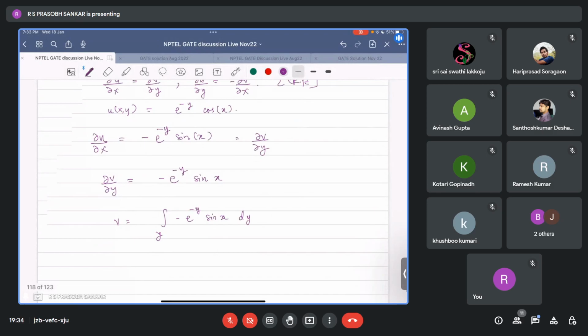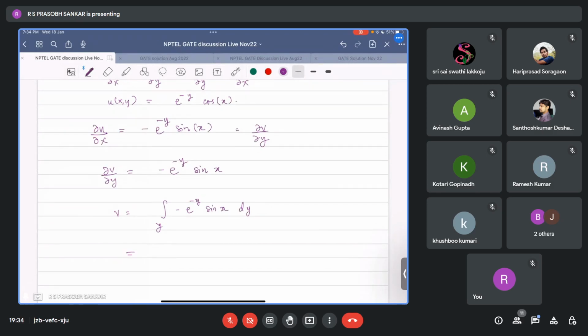Since the integration is over y, x is independent, so sin x comes out. The integral of minus e raised to minus y dy gives sin x times e raised to minus y plus a constant. But there's a catch here.